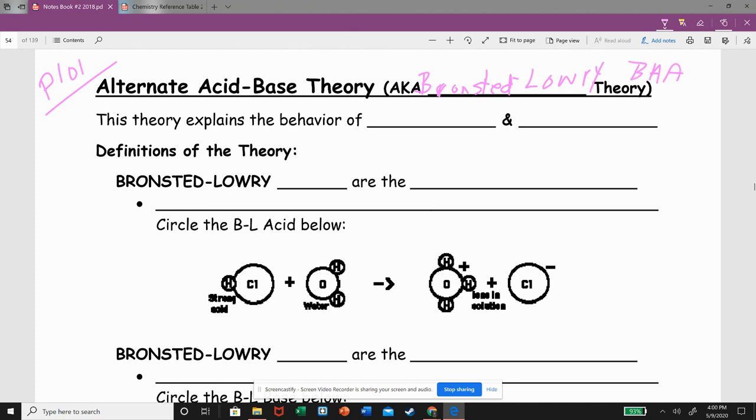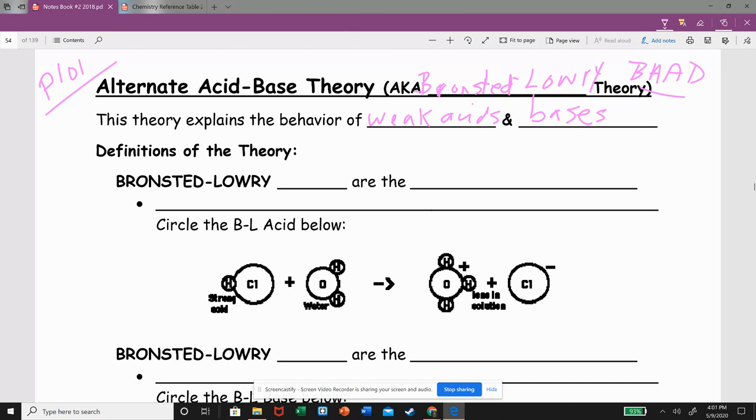It doesn't make it bad, but that's just going to be a little memory trick to help us. This explains weak acids and bases, because the strong acids and the strong bases have the H plus and the OH minus as the only positive and negative ions in solution.